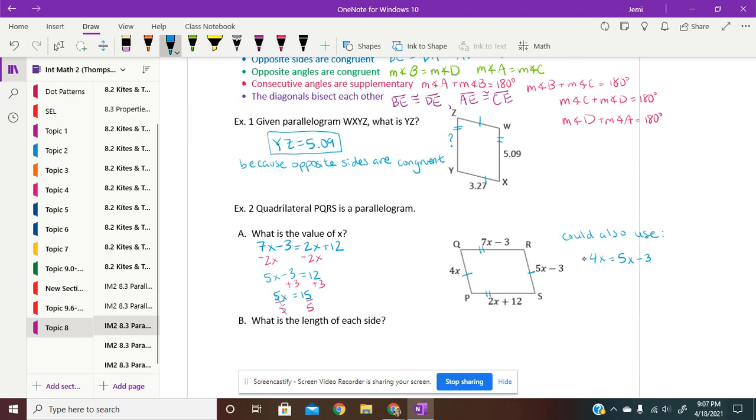Divide by 5, and I'm left with x is equal to 3. If you do the other equation, you will get the same answer. So it works the same. The correct answer is x equals 3.